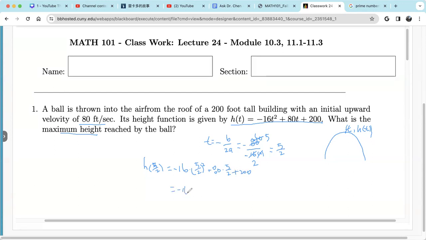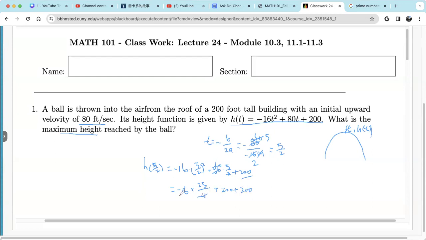So we get negative 16 multiplied by 5 squared, 25, over 2 squared, 4, plus 80 divided by 2, 40, 40 times 5, 200, then plus this 200.